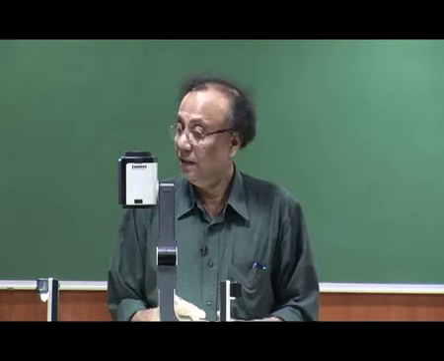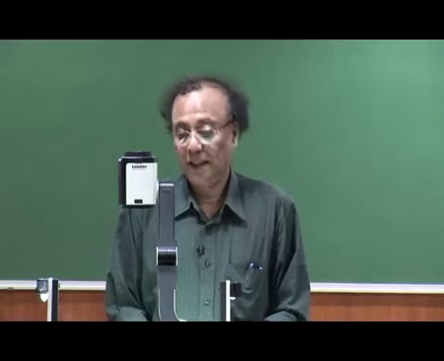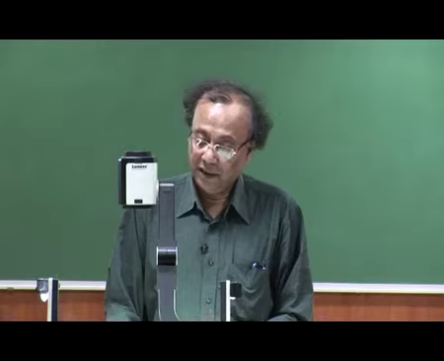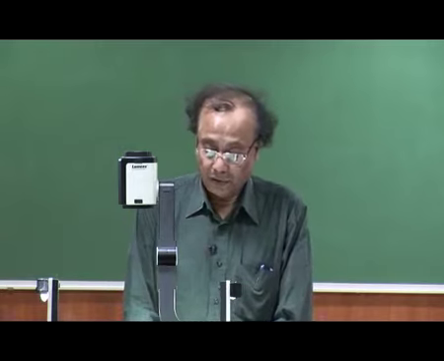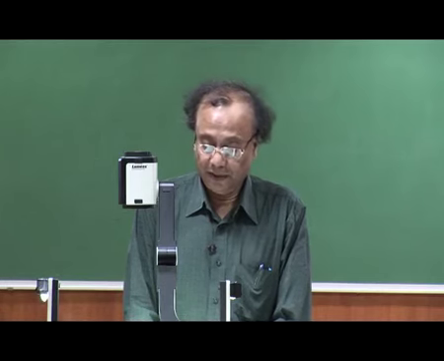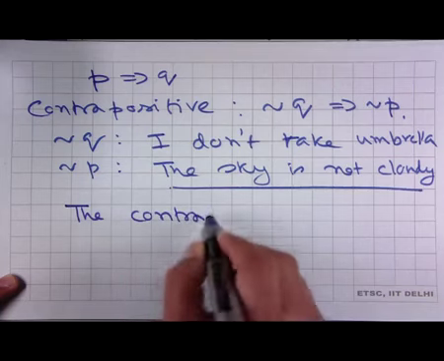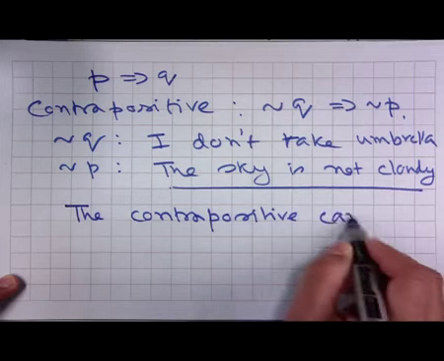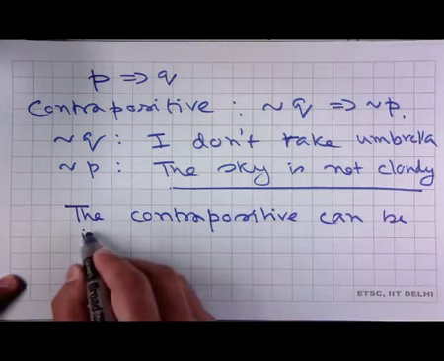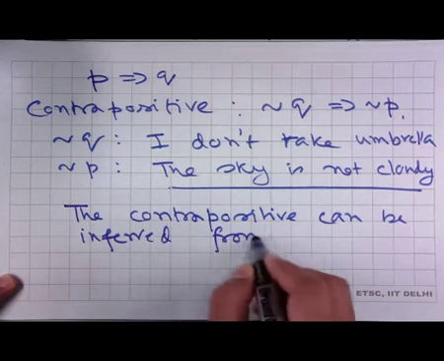It may be sunny, it may not be sunny, but this statement is definitely correct, because if the sky is cloudy, I would have taken an umbrella. So, the contrapositive can be inferred from the implication.